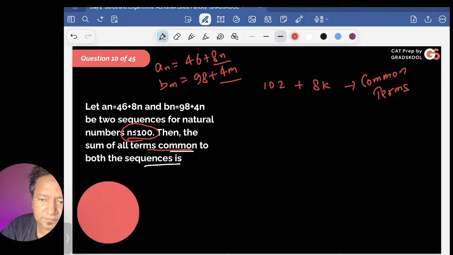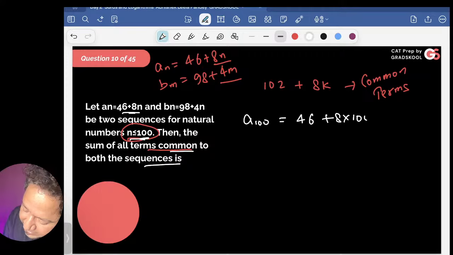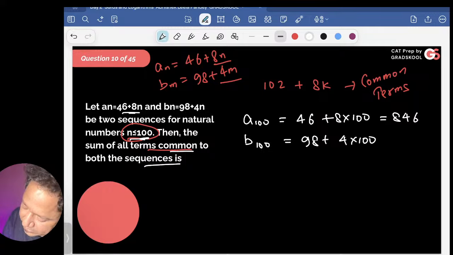Now, having said that, we know the value of n is less than or equal to 100. So here, if I put 100, the value of a100 will be 46 plus 8 into 100, that is 846. b100, इसको लेंगे, m को भी 100 ले लेंगे, तो what do I get? 98 plus 4 into 100, that comes out to be 498.